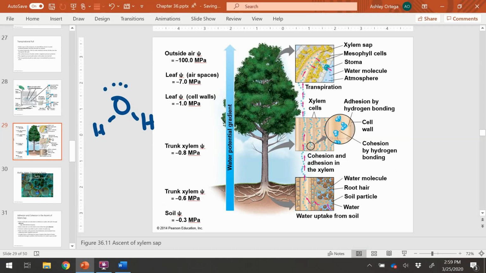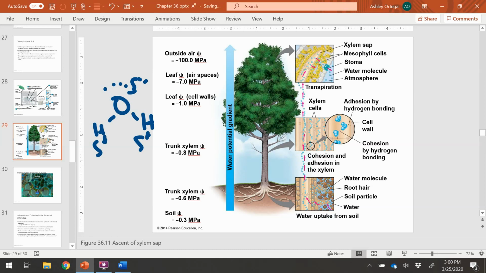Oxygen loves electrons, and so those are its extra electrons, but it's going to pull all the electrons to itself, creating a partial negative region. Hydrogen is partial positive here. And so that forms hydrogen bonds with other water molecules.